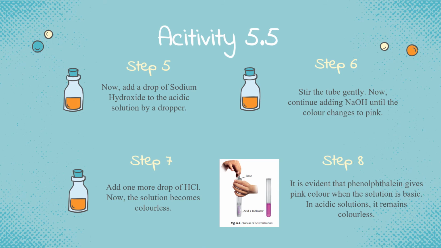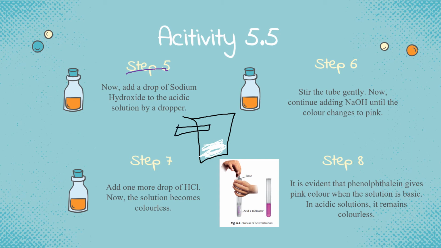Okay, so continuing on with the activity, now comes step 5. Now we add a drop of sodium hydroxide, which is a base, to the acidic solution with a dropper. So this is our test tube filled with hydrochloric acid and a bit of phenolphthalein. And to this we add sodium hydroxide, NaOH.